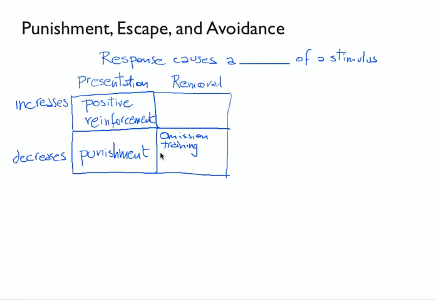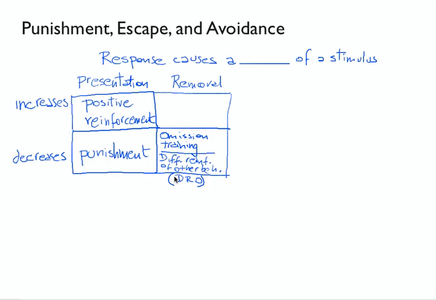It's also sometimes called differential reinforcement of other behavior, also known as DRO.